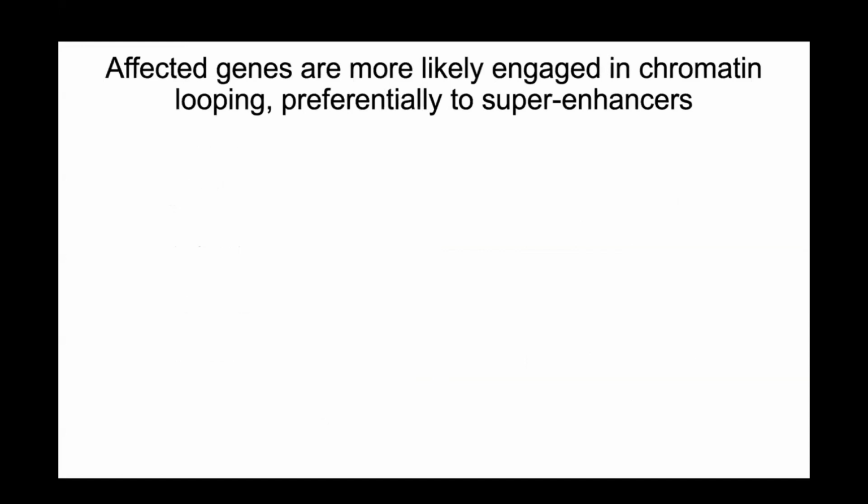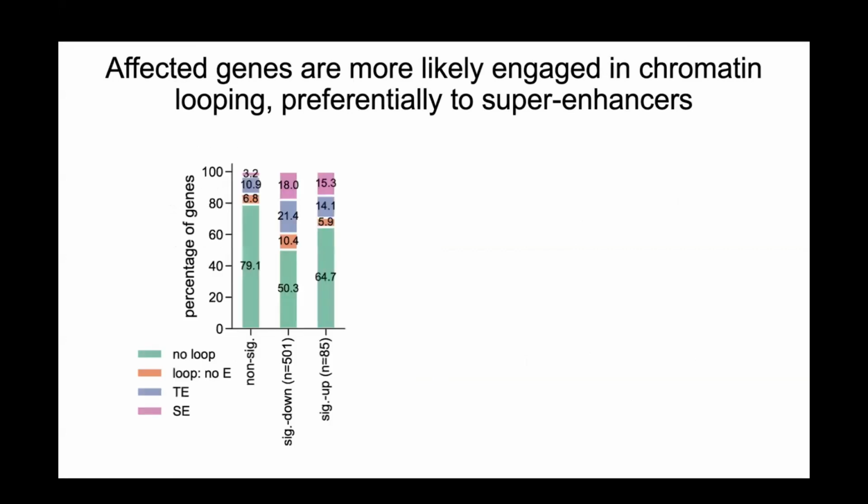These are some examples that are involved in things like epithelial and mesenchymal transition or signaling cascades and whatnot. The other thing that I actually think is really cool and interesting is that when we look at what these genes are doing in terms of their 3D organization, they're very clearly preferentially looping to regulatory sequences like enhancers, but in particular super enhancers. In normal cycling interphase cells, these form point-to-point loops with super enhancers, or they're clearly enriched for this.